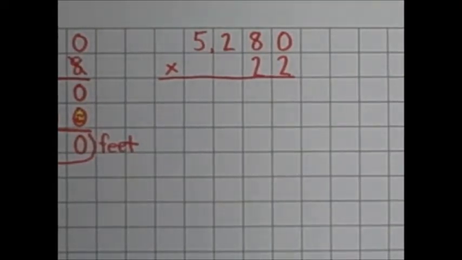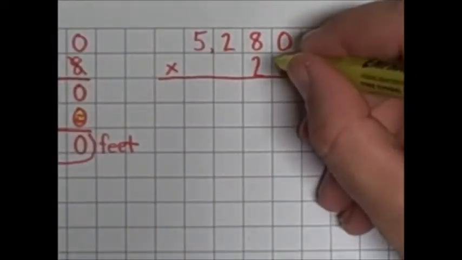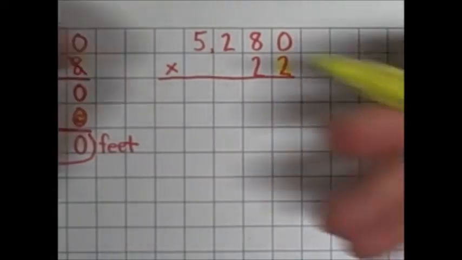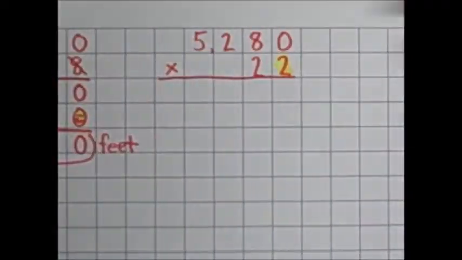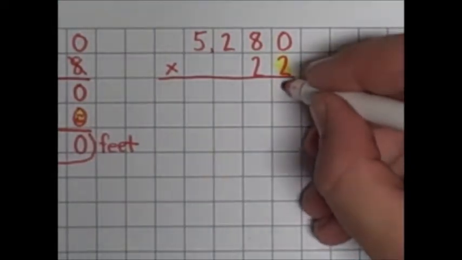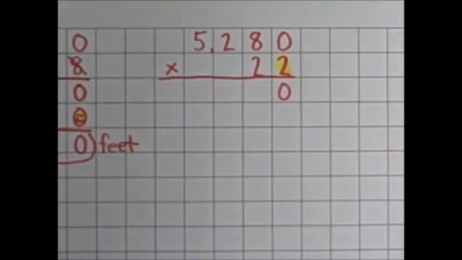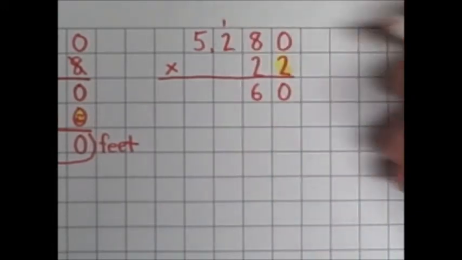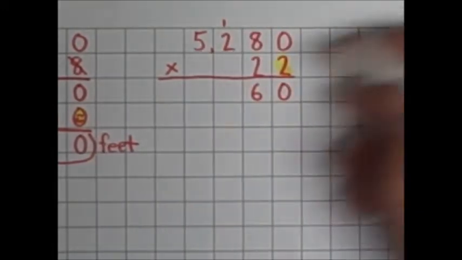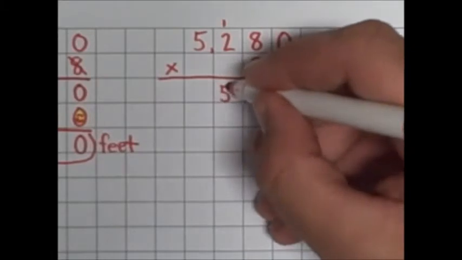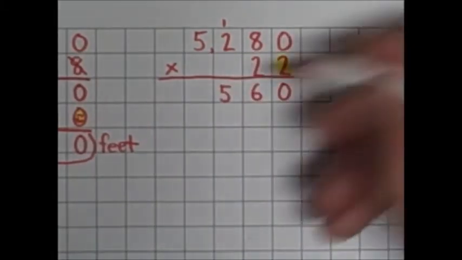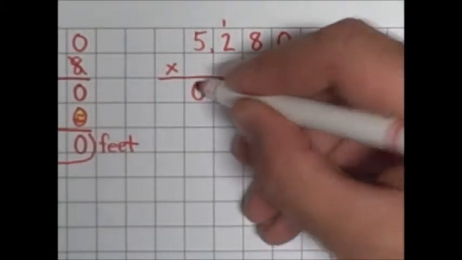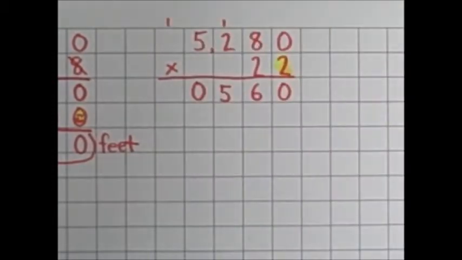Okay. Right now, for our first partial product, our focus will be multiplying our first factor by the 2 in the 1s place. 2 times 0, 2 times 8, 2 times 2 plus 1, and 2 times 5. 10, write the 0, regroup the 1.